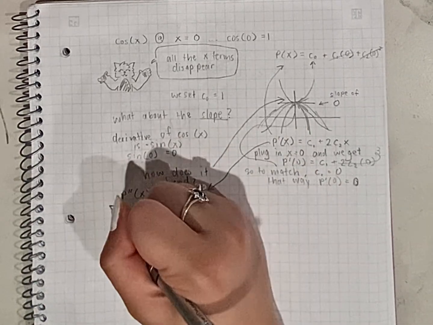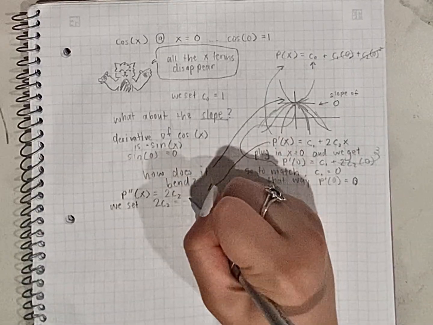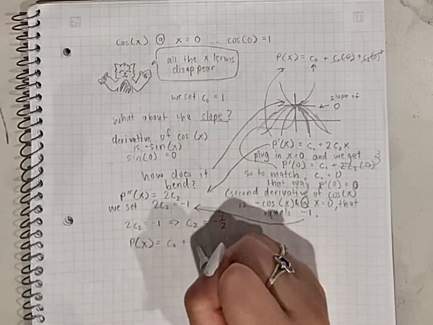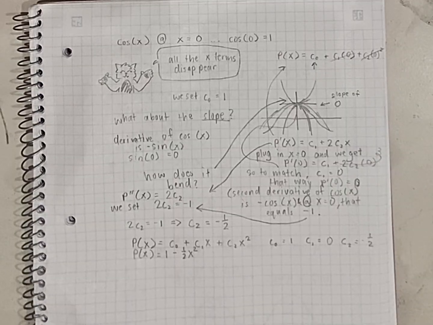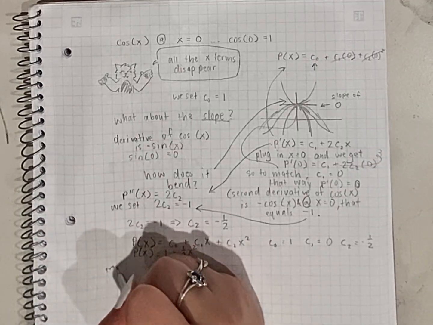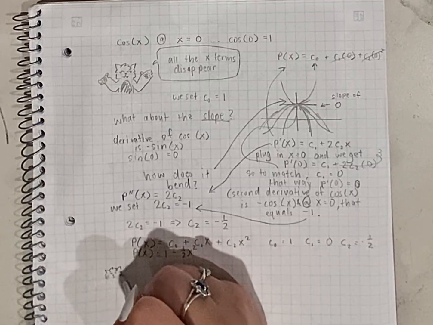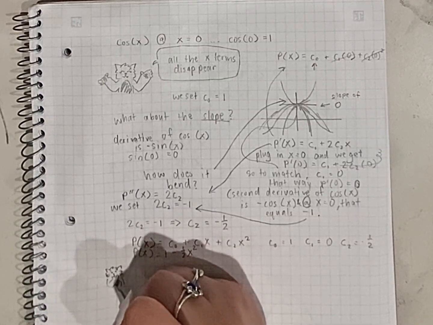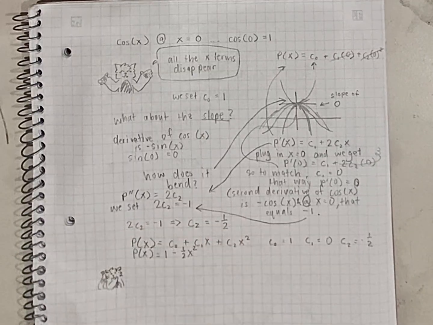So to match the curvature, we set 2c2 equal to negative 1, which becomes c2 equals negative 1/2. Putting it all together, we get p of x equals 1 minus 1/2 x squared. This is our quadratic approximation of cosine x near 0. It wasn't a guess, it was built systematically to match the function's value, slope, and curvature at a single point. And it turns out it's a very good approximation for small values of x.